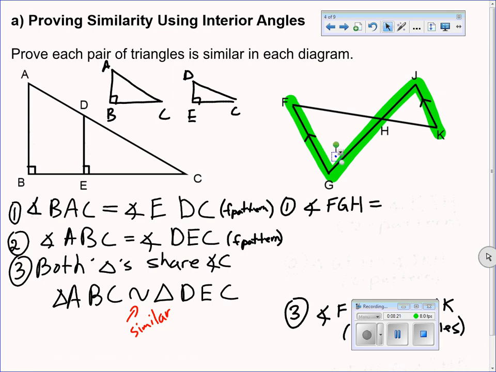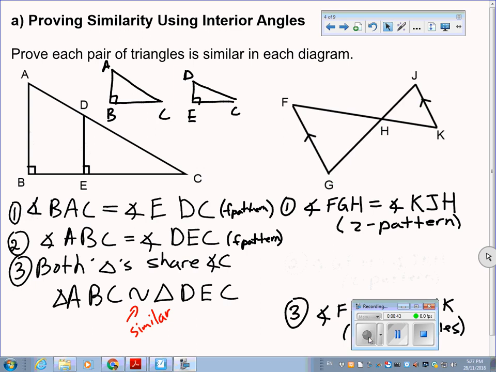Now, if I think about it, that means angle G and angle J are the same. So we have the following. We have angle FGH is the same as angle JGH, and that's because of the Z pattern. Now, we have another Z pattern occurring in here.